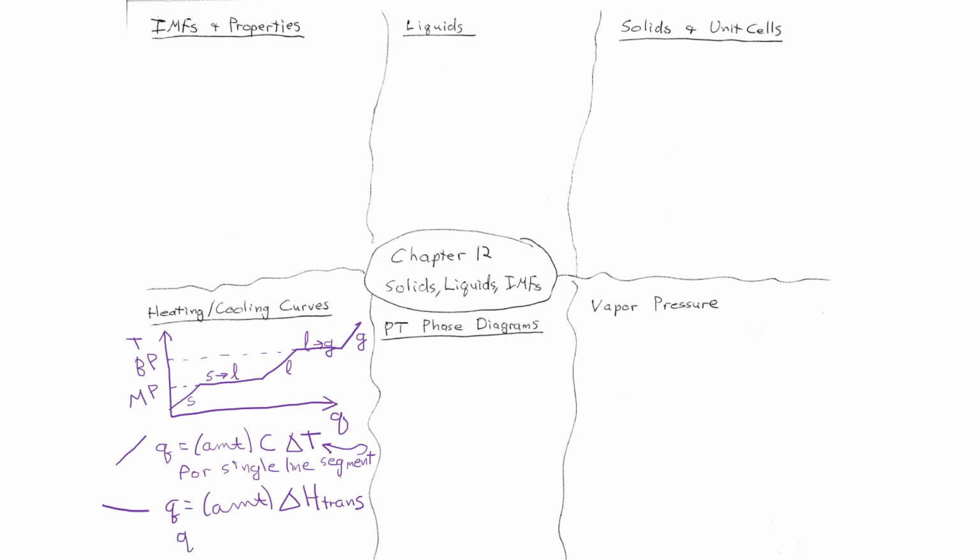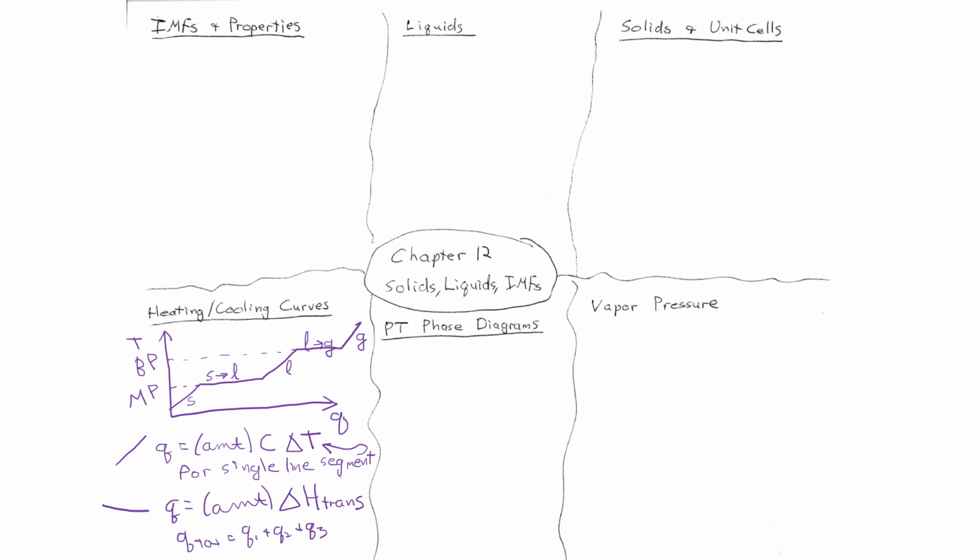So your Q total might be Q1 plus Q2 plus Q3. Now, if I was doing this on paper, I would be writing a lot smaller, and I would have a lot more space to cram stuff in here.